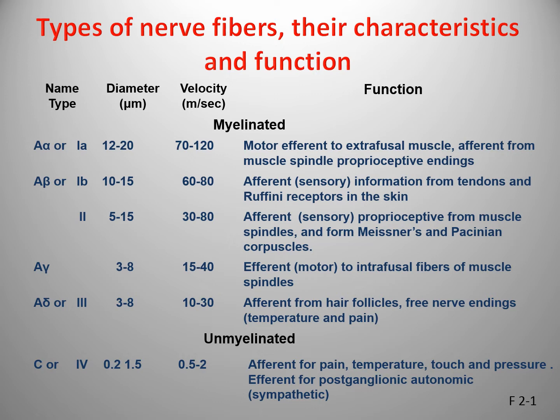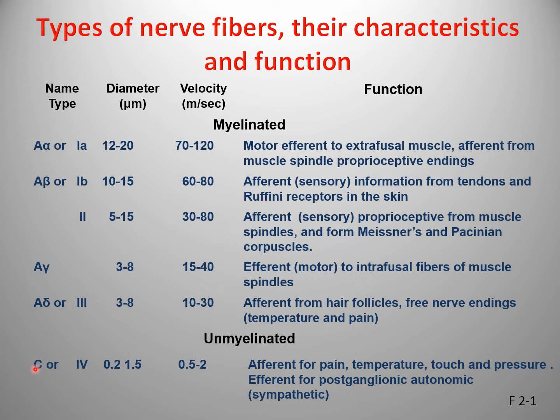Larger diameter fibers, which really are the axons of the neurons, transmit electricity in a faster manner than those with a smaller diameter. Okay? Letter A implies that they are myelinated axons, the same as numbers 1 to 3.